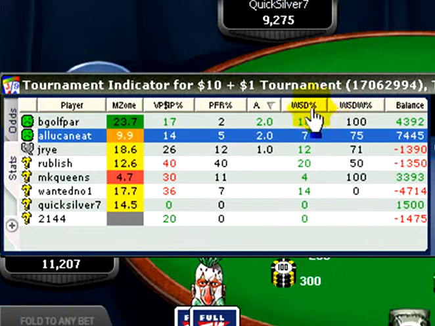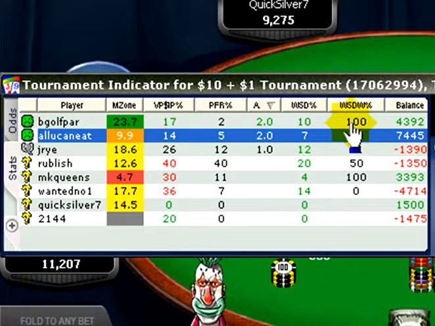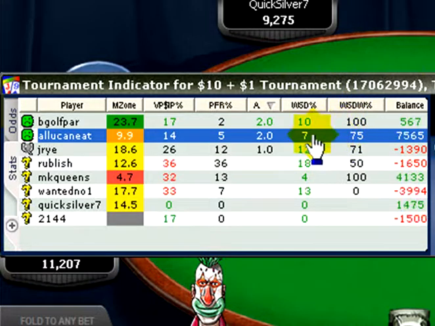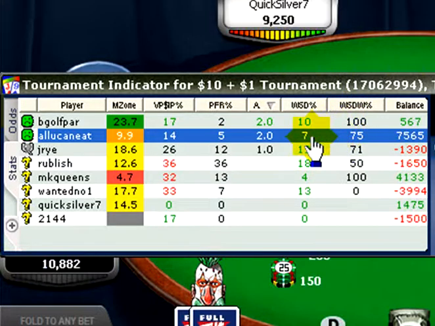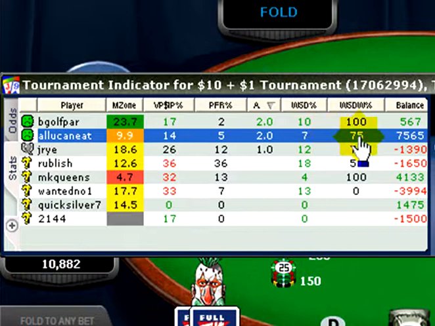Closely related to the went to showdown percentage is the went to showdown winning percentage. If a player has a high percentage in this category, they are usually playing with good hands. If at the same time the went to showdown percentage is low and the went to showdown winning percentage is quite high, you can count on them having a very strong hand, if not the nuts.